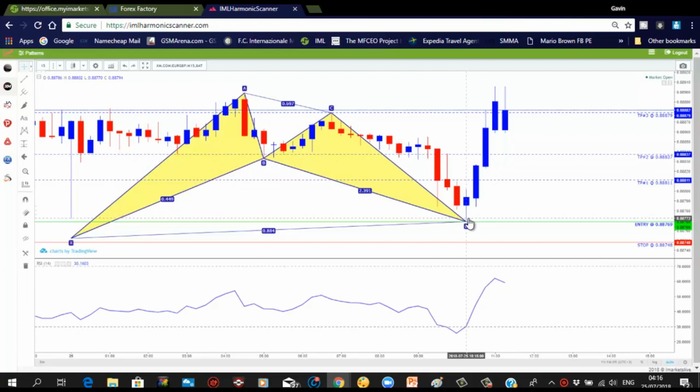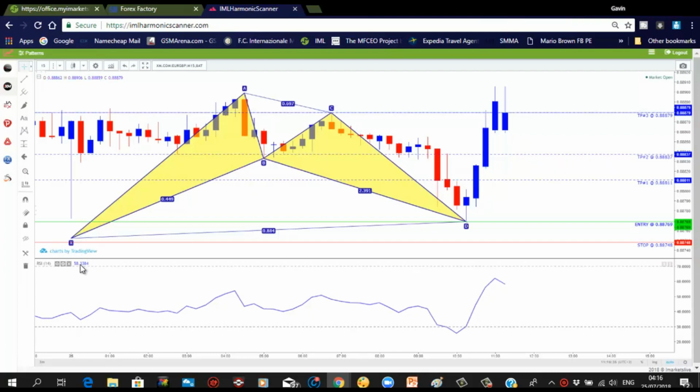Another thing I like to look for, if you take your cursor and put it in line with the D, you're going to look to your bottom here. This is what we call the RSI graph, this line chart. RSI stands for Relative Strength Index. All this information is in the IML Academy as well, technical analysis. But you want to make sure your RSI is at 30 or below. This is a confirmation indicator.